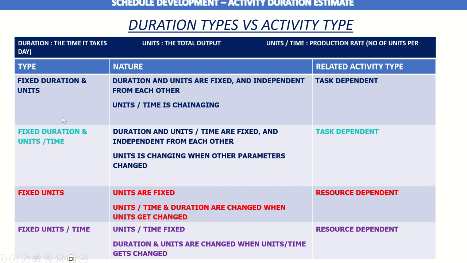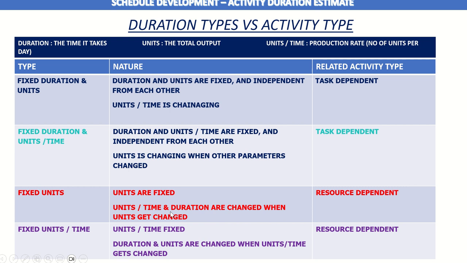And these two are mostly related to task dependent activities, and the rest of these two, fixed units and fixed units per time, are mostly related to resource dependent activities. In fixed units, the units are fixed, and the duration and the units per time get changed when you change the number of units.